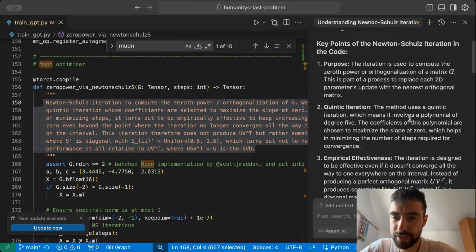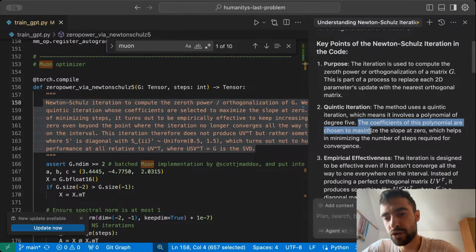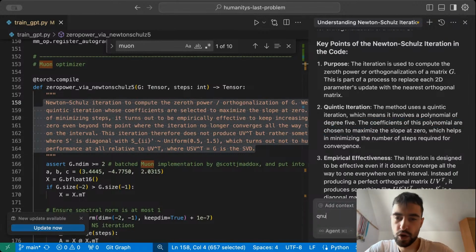Okay. What is this quintic iteration? The method uses a quintic iteration, which means it involves a polynomial of degree 5. The coefficients of this polynomial are chosen to maximize the slope at 0. Okay, let's start typing. Quintic iteration.